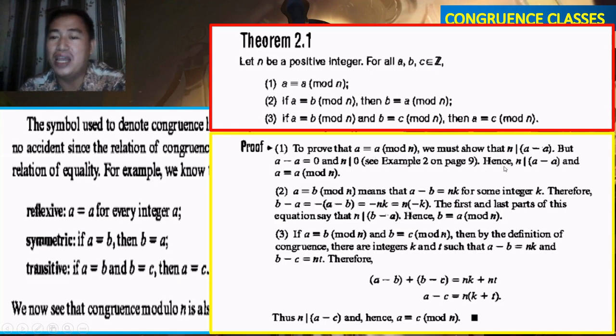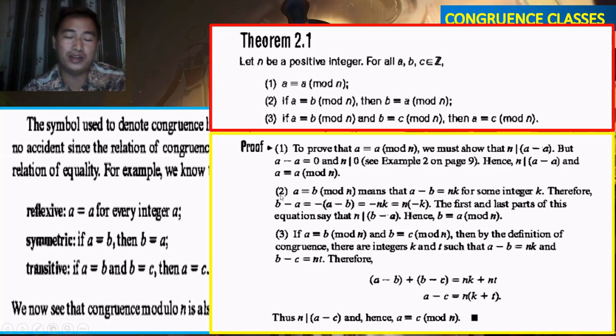So hence, n divides a minus a, and so definition niya class, n divides a minus b. So, a is congruent to a mod n.